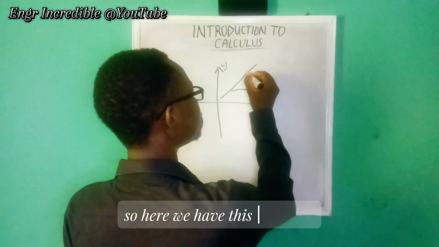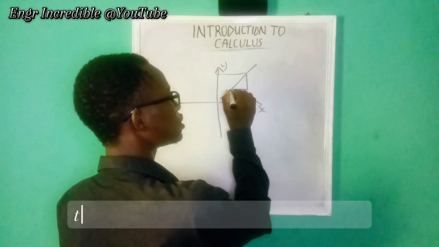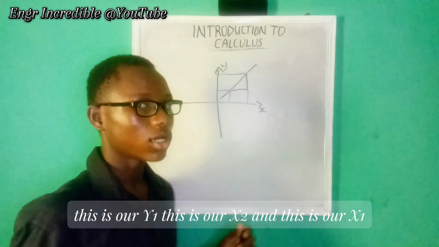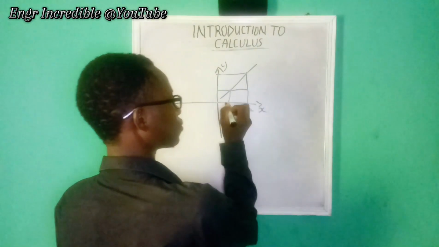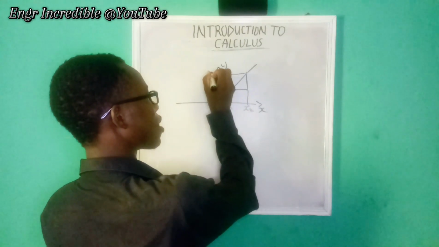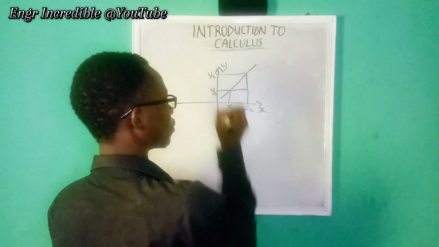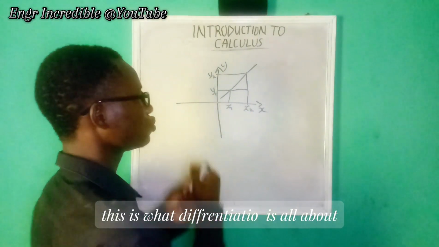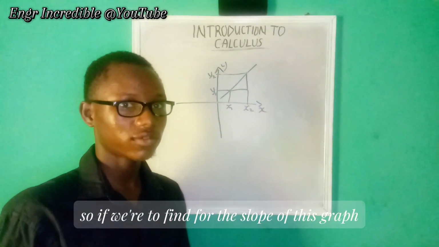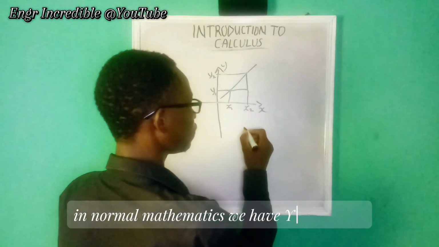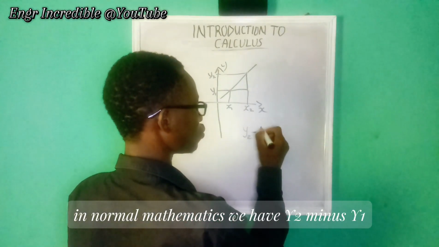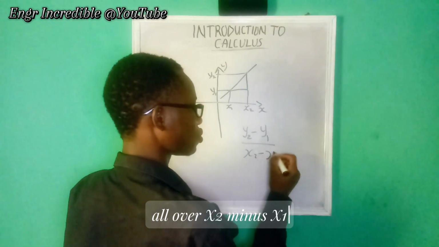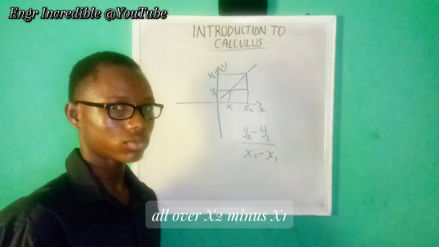So here we will have, this is our y2, this is our y1, this is our x2, and this is our x1. So this is what differentiation is all about. If we were to find the slope of this graph in normal mathematics, we will have y2 minus y1 all over x2 minus x1.